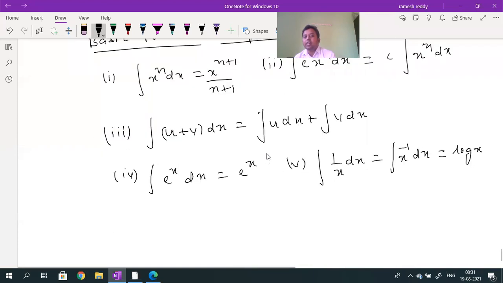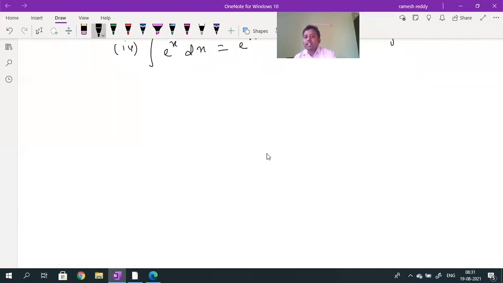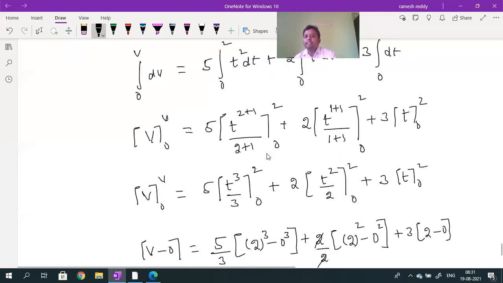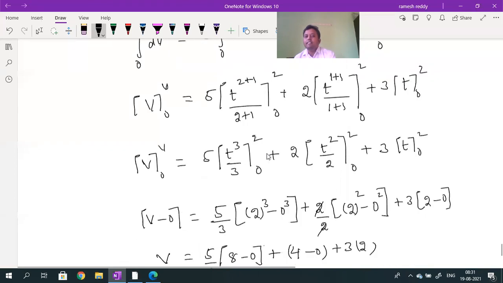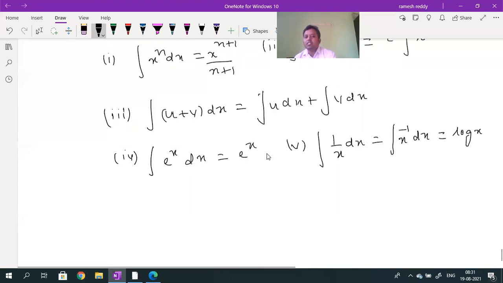Integration formulas are okay now? CBSE students, have you solved any problems based on integration in objective? Objective not solved. Can I take one more example for integration?